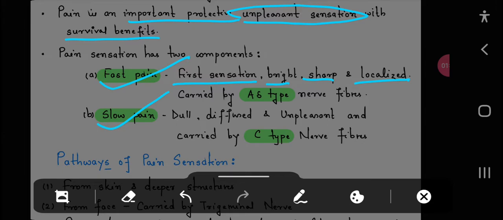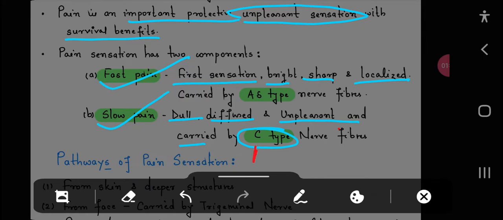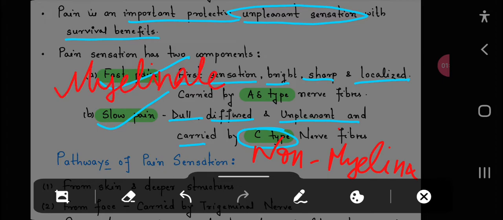And slow pain: dull, diffused, and unpleasant, and carried by C fibers because, as we know, they are non-myelinated. And A delta is myelinated, so fast pain is myelinated.